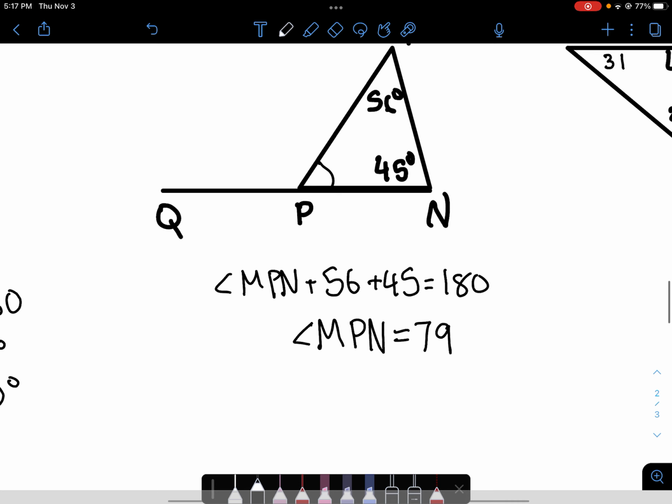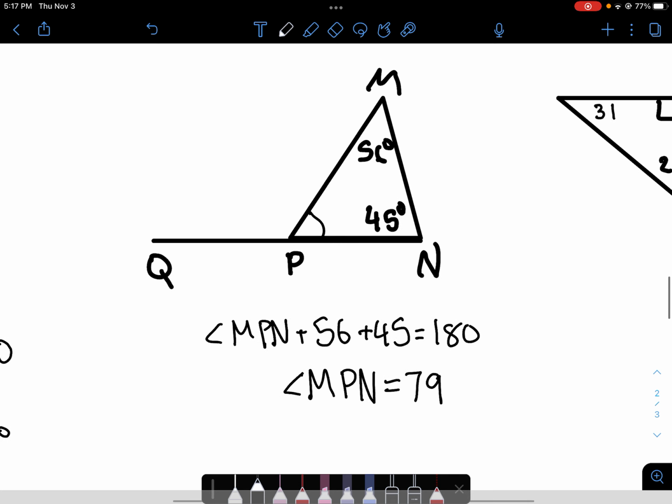And there are also two ways to go about solving for angle MPQ. We can use the exterior angle theorem, or we can just use the sum of angles in a triangle.